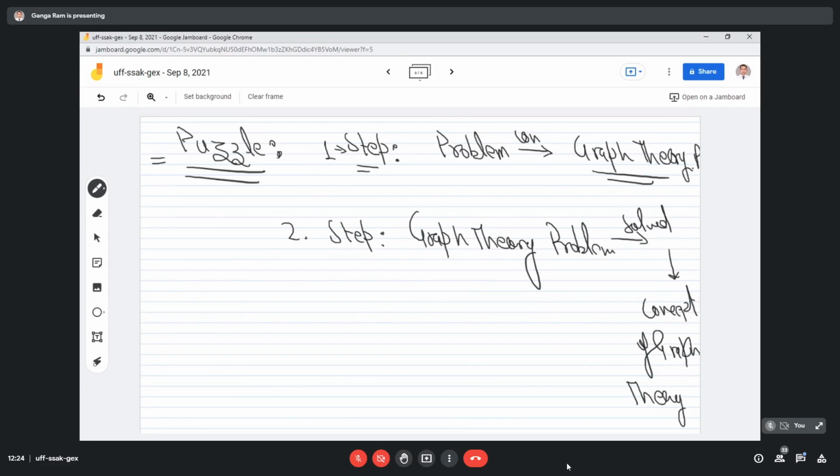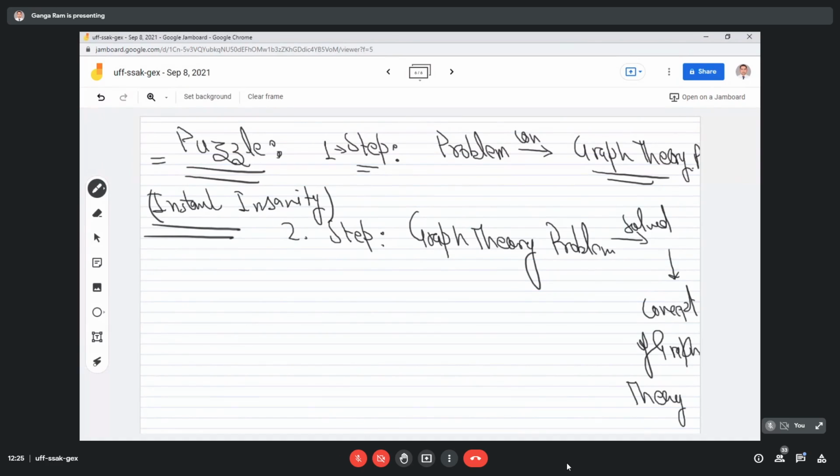This puzzle problem is also called the instant insanity problem. Okay, it is a puzzle problem.